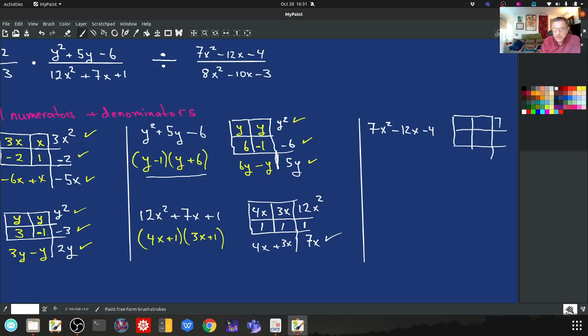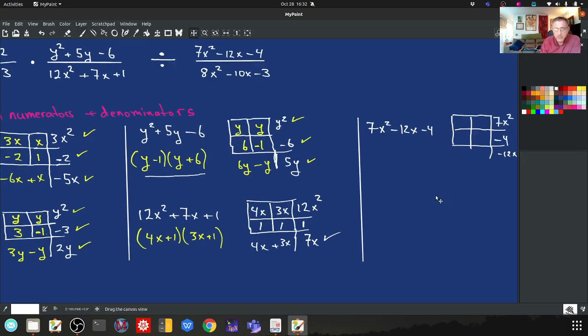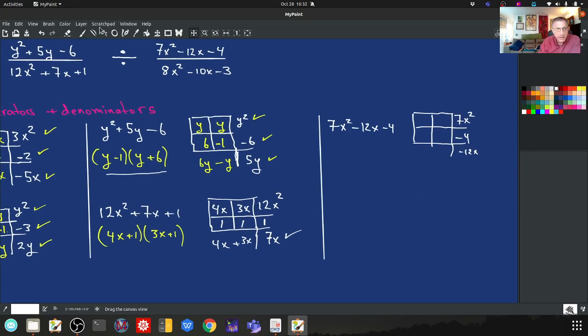So again, 7x squared, and minus 4, and minus 12x. Need a little bit more room here. And write that a bit bigger. Minus 12x.